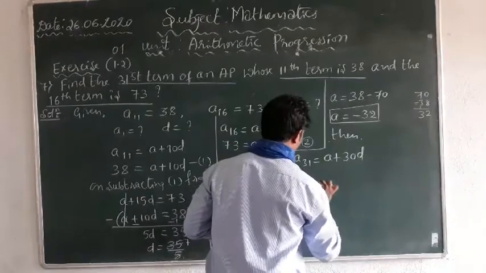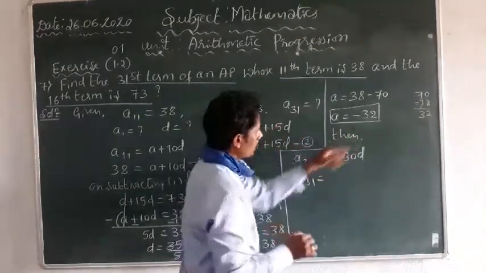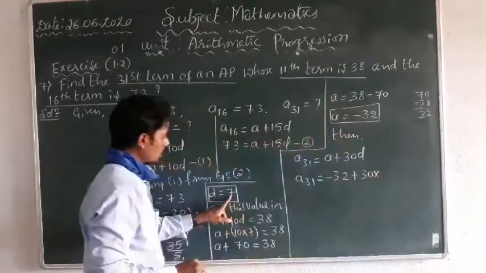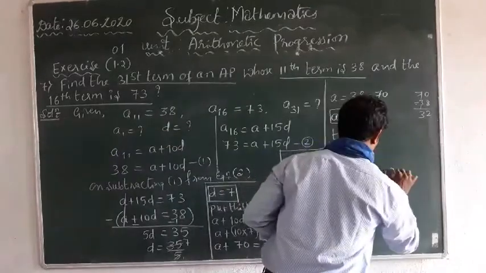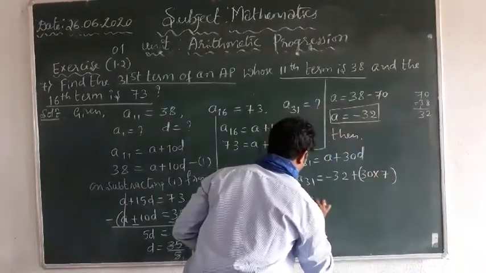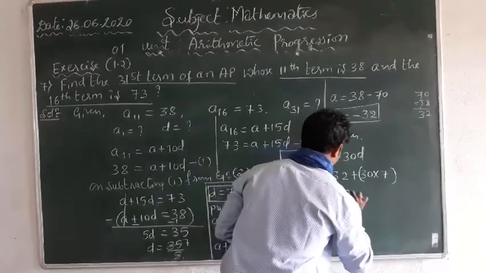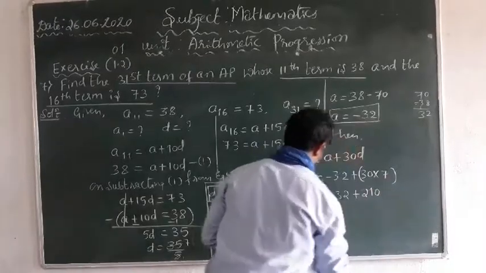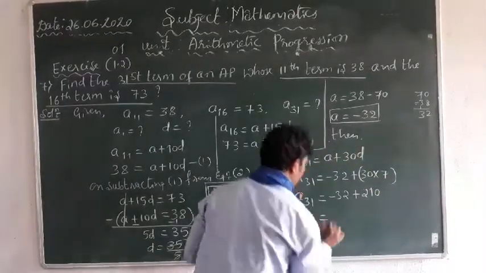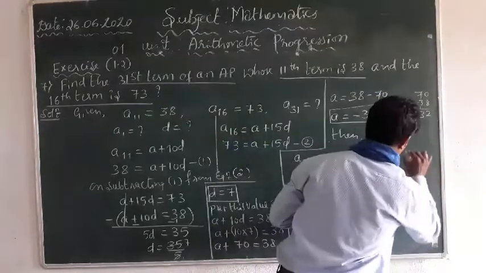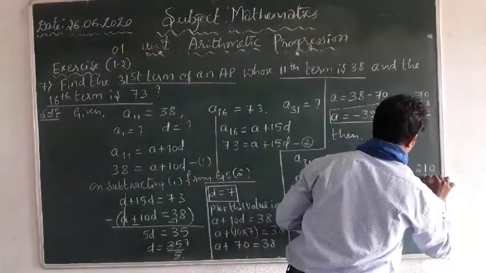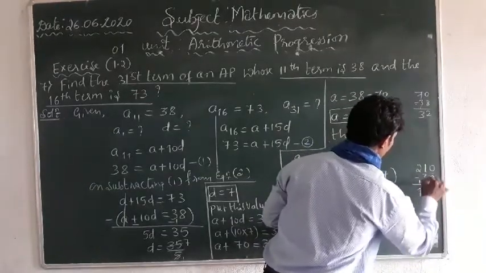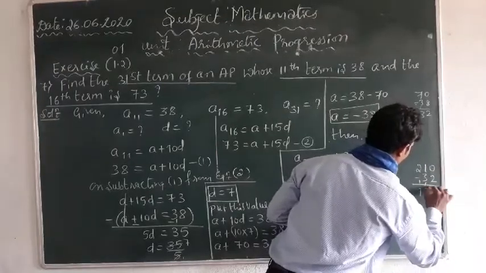A31 is equal to the first term, minus 32, plus 30 into the common difference, 7. A31 is equal to minus 32 plus 210, which is 210 minus 32.